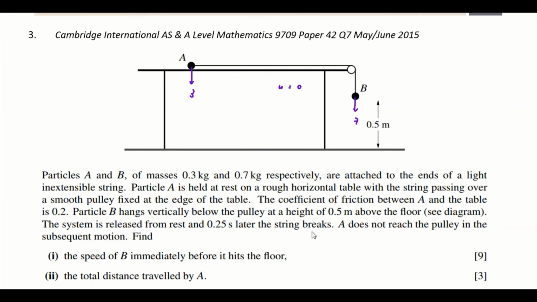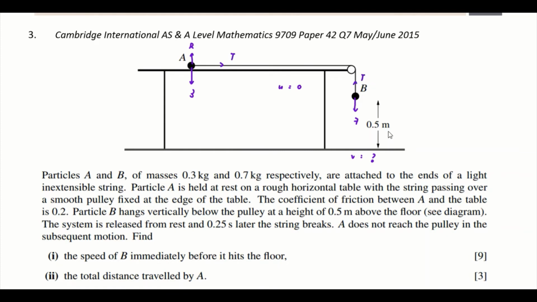This is what makes the question more interesting. A does not reach the pulley in the subsequent motion. The question wants to find the speed of B immediately before it hits the floor, which means what's your final velocity here? Let's label the other forces: the normal reaction, and tension moving inwards.